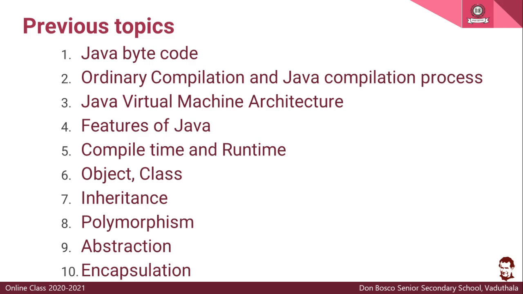Then, based on object and class, we studied the main principles of OOPS: inheritance, polymorphism, abstraction and encapsulation. Remember all these topics one by one. I hope all of you learned this earlier, and we can revise it once again. Today we will move point by point.